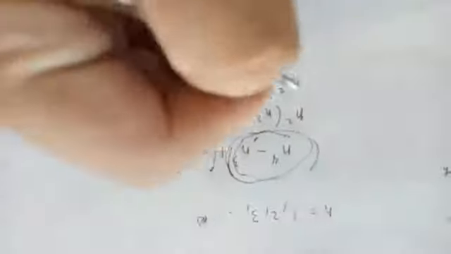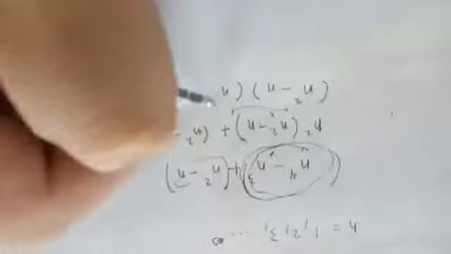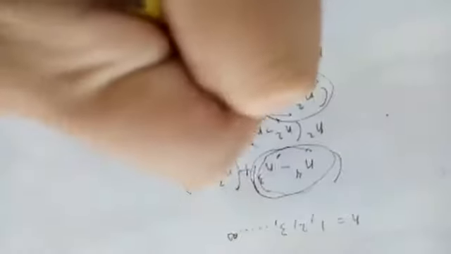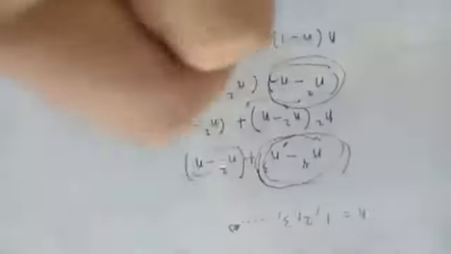Factoring again, we get n squared minus n times n squared plus 1. Factoring again, we have n times n minus 1 times n squared plus 1.